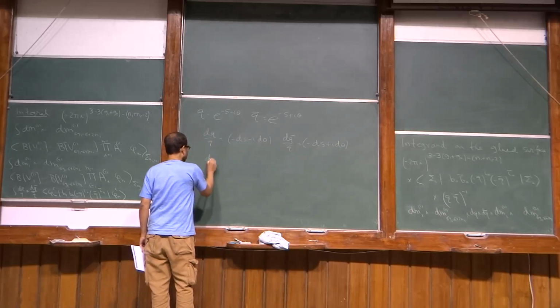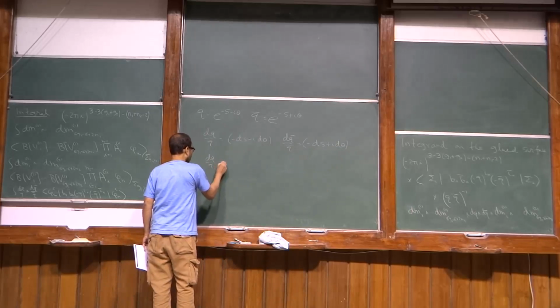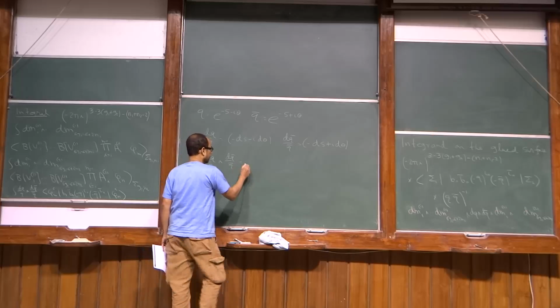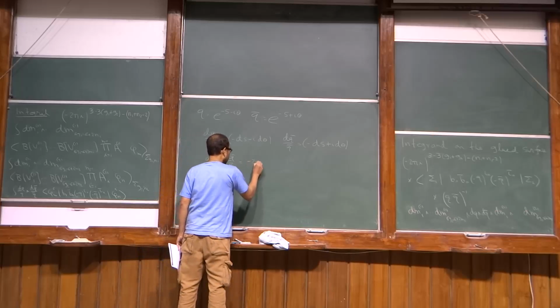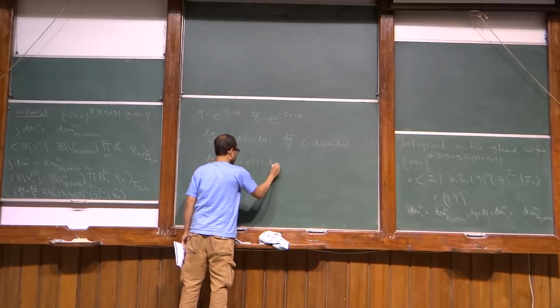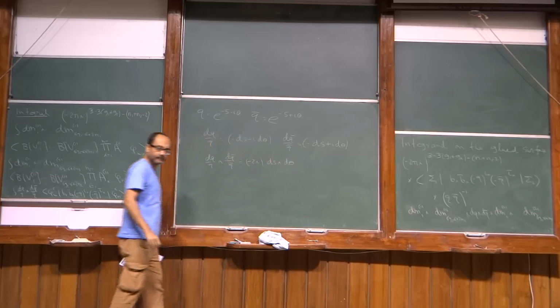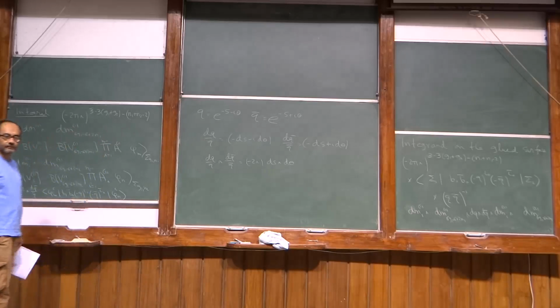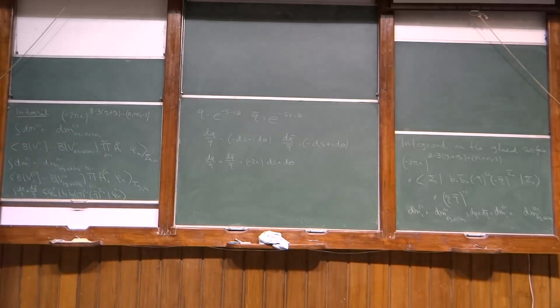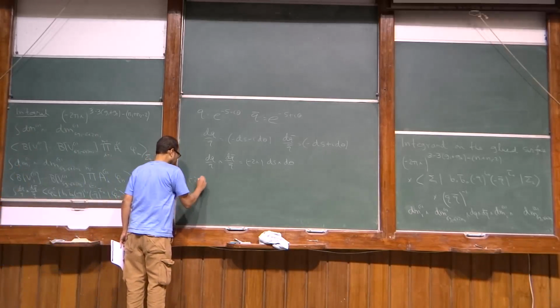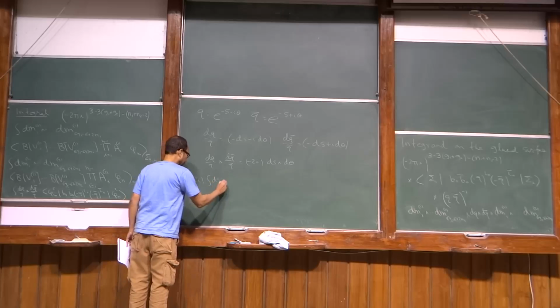So dq by q times dq bar by q bar becomes minus 2i ds d theta.